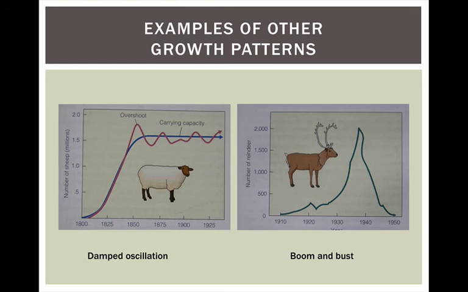An example of a boom and a bust is the reindeer or caribou on the Pribilof Islands. They were introduced in 1910, and they took off and grew very well during this period of time until they had totally depleted the food source. The food they ate was lichen on rocks. The lichen grows very slowly.